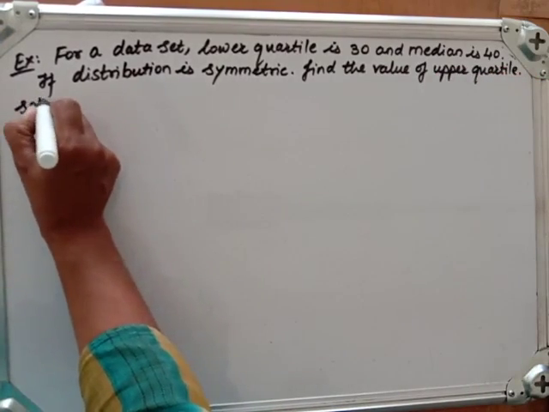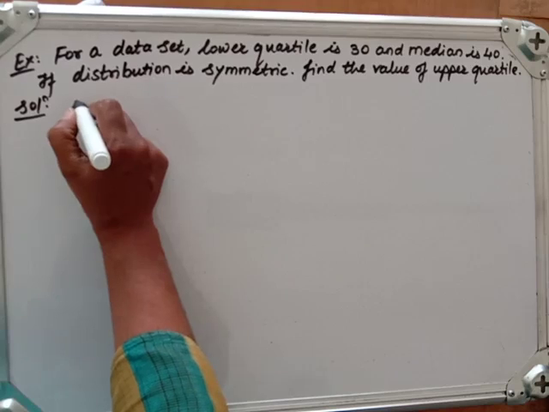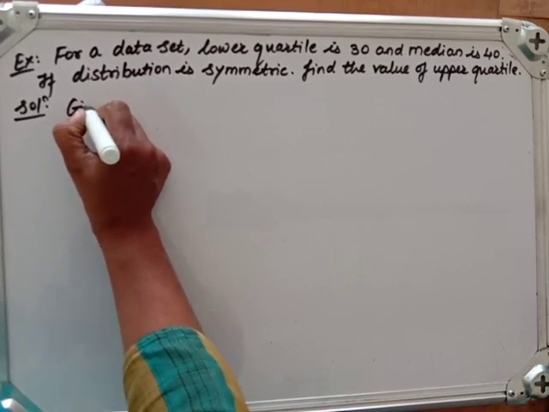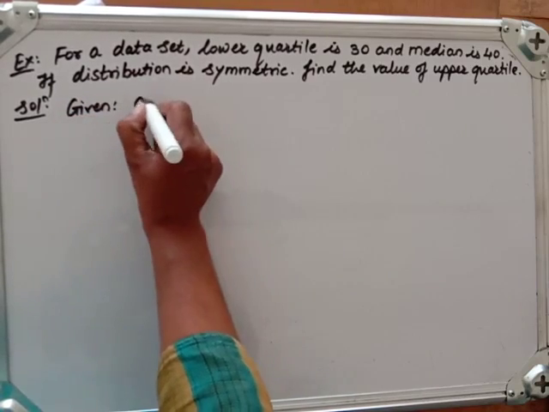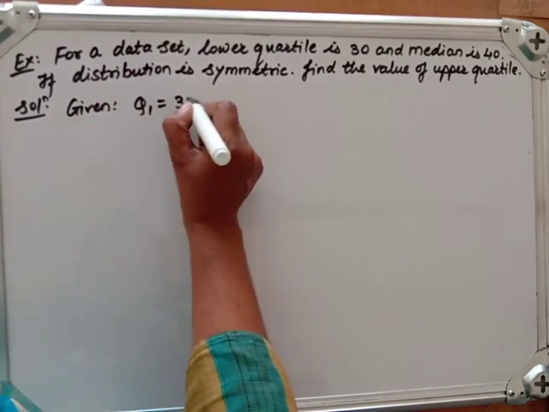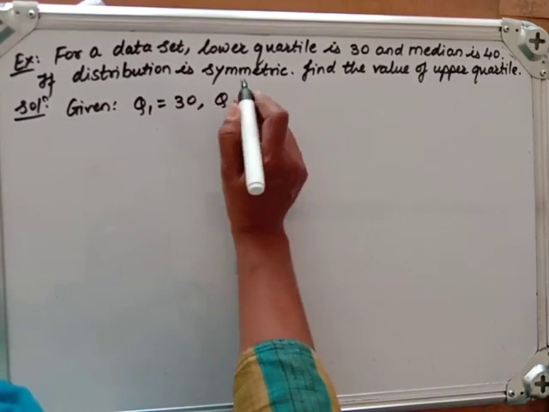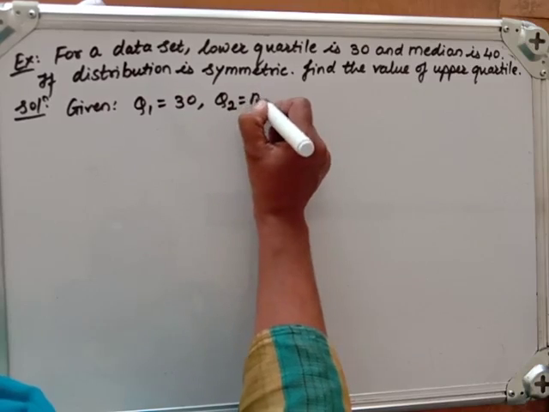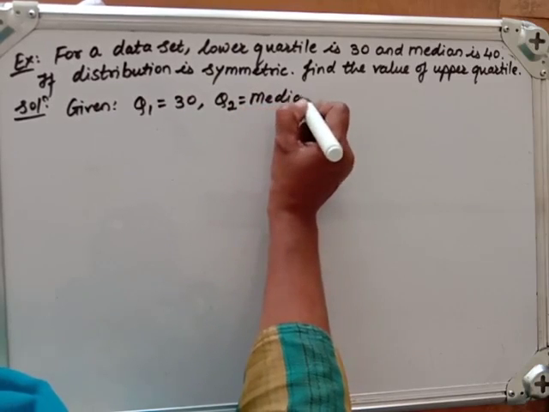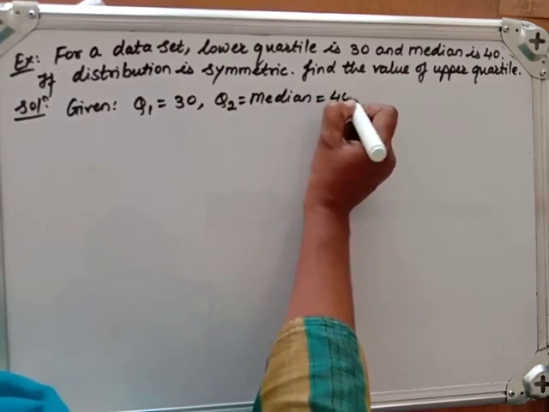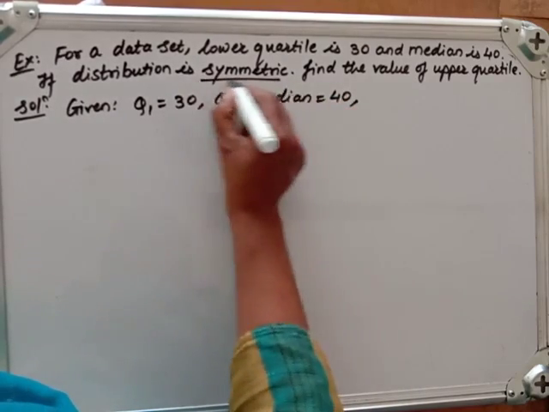Solution. Here given, Q1 is 30. Q2, that is the median, is 40. Now the distribution is symmetric. This is very important.